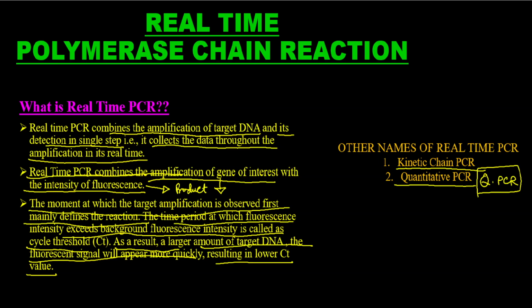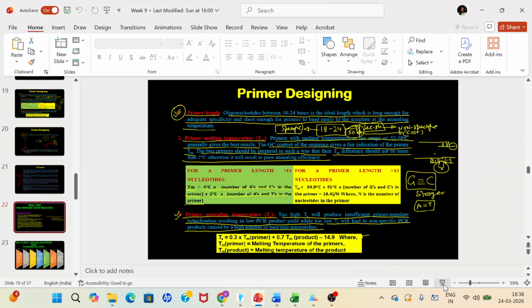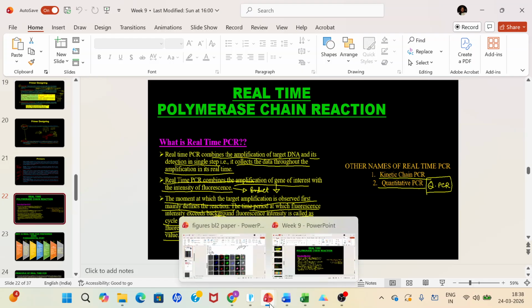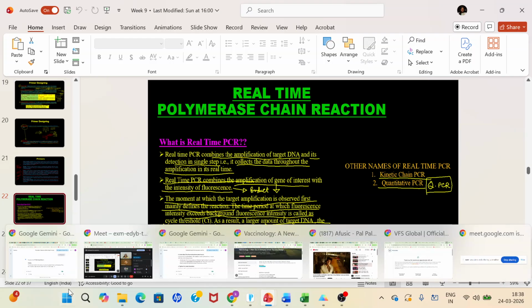As a result, with a large amount of target DNA, the fluorescence signal will appear more quickly, resulting in a lower CT value. Okay? So here the CT value is of great importance. Why will the fluorescence intensity spike? It will spike because of the presence of a larger amount of DNA.